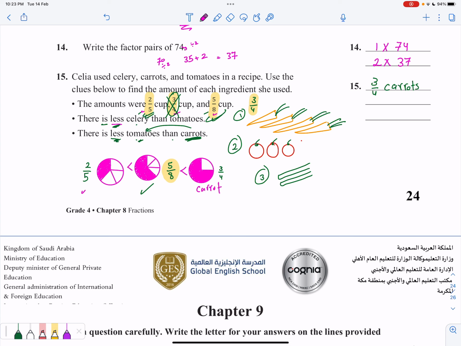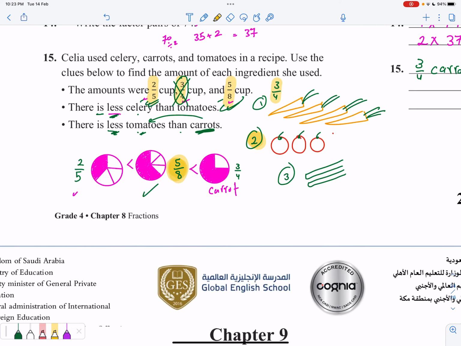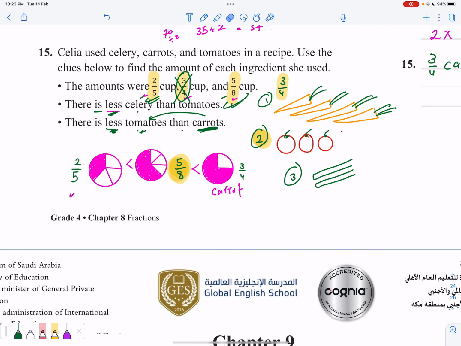After the carrot, in second place, we have the tomatoes. So the tomatoes should go with 5/8, which is the second greatest fraction. And the least fraction is for the celery, which is 2/5.